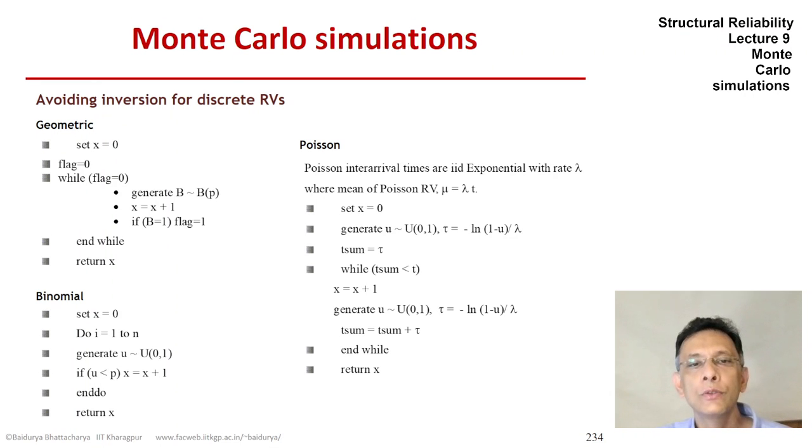For the Poisson, to generate without the inversion, we need to remember that the Poisson random variable is basically the count of events in a Poisson process, where each inter-arrival time is an exponential random variable. So we can generate an exponential, which we already know how to do, and then keep adding them until we exceed the time interval in question. And as soon as we do that, we return the number of events that have been generated.